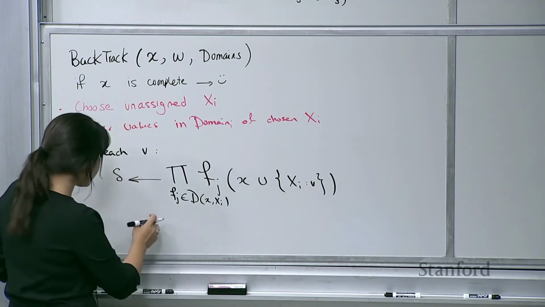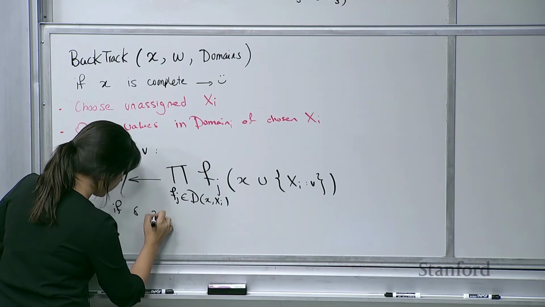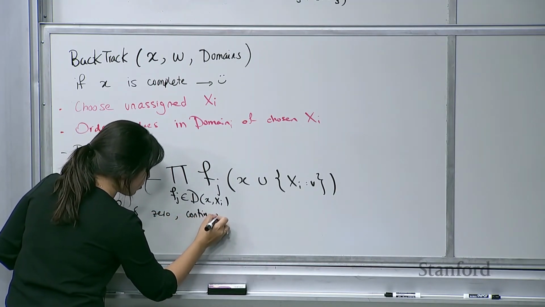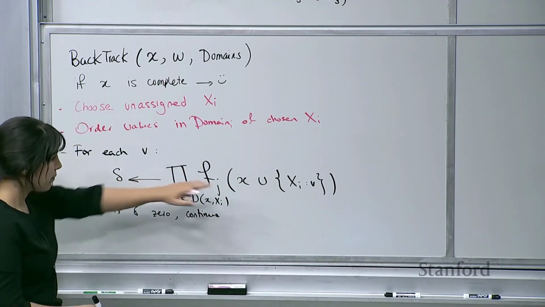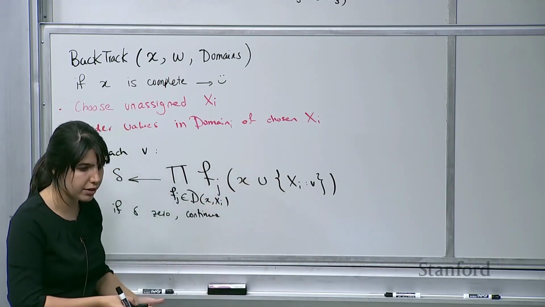Okay? If delta is equal to 0, continue. So that means that this assignment you continue. This means that this particular value that you have picked just made everything 0. It didn't work. So you should try other things.